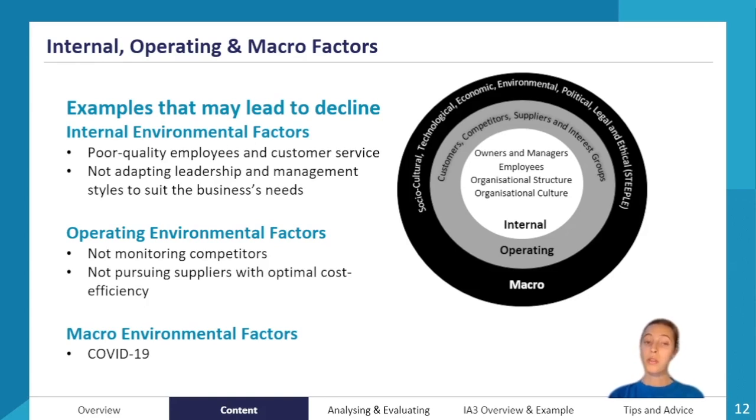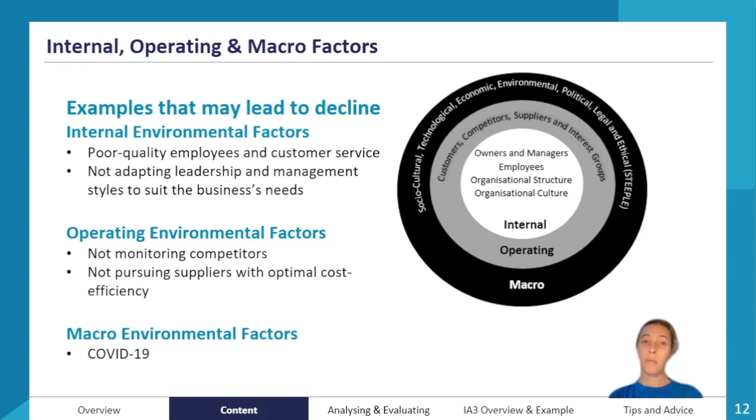And also not pursuing suppliers with the best cost efficiency. You don't want to rest on your laurels, just continuing with the same supplier without monitoring the market and looking at options that may be better than what you've currently got. Failing to do that could mean a business is going to go into decline.